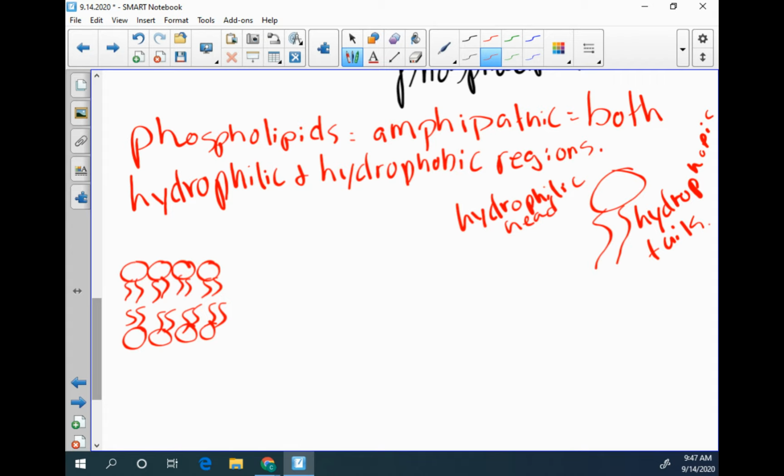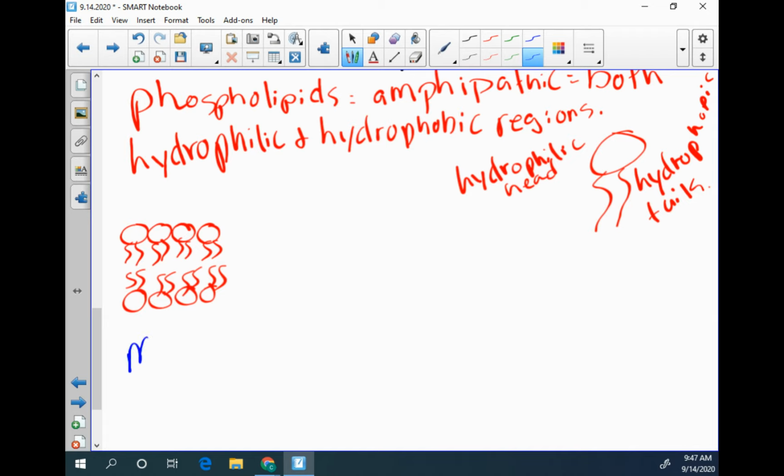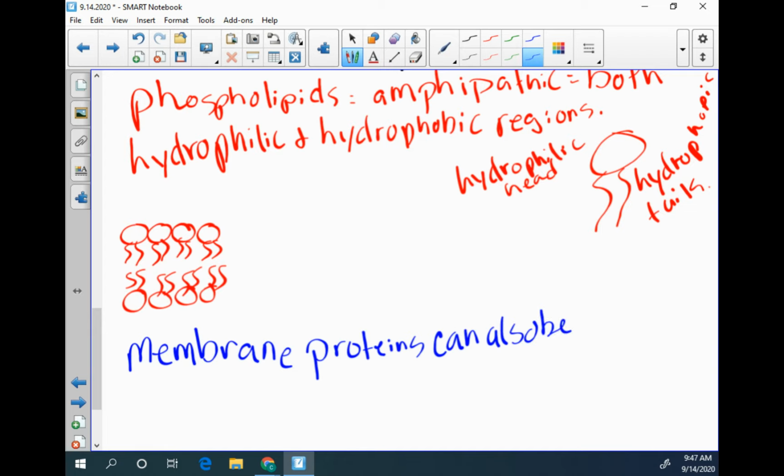Now, membrane proteins can also be amphipathic. So the proteins also have hydrophilic sections and hydrophobic sections. Usually that has to do with the charges on the amino acids that make up that polypeptide, which we'll get into in much more detail when we talk about protein synthesis.